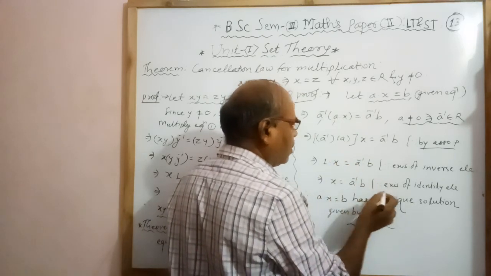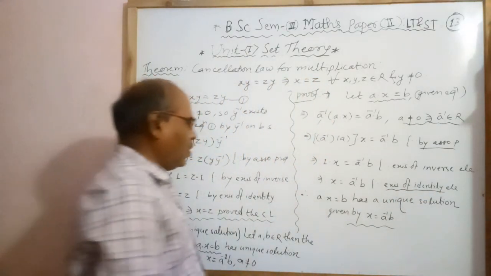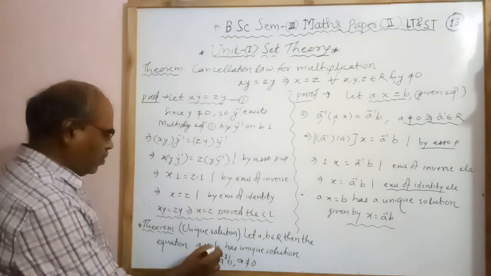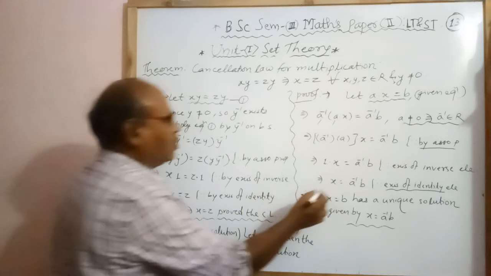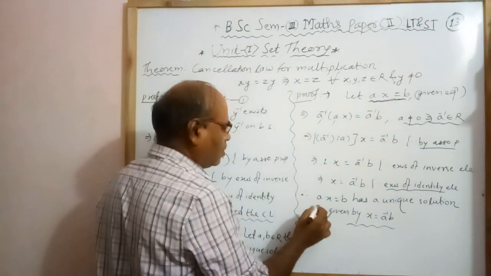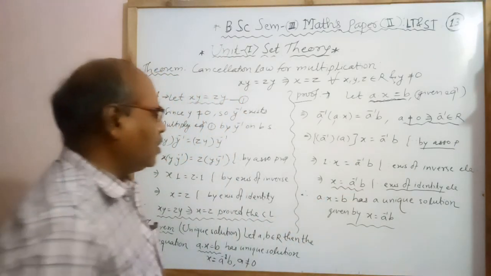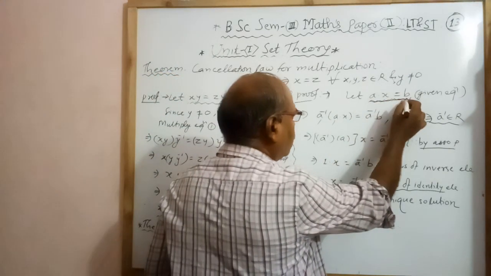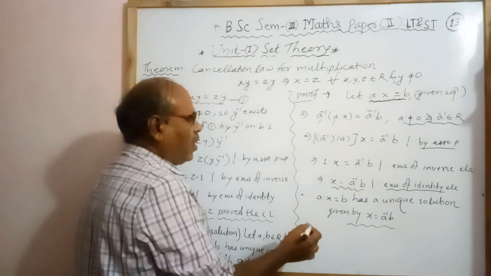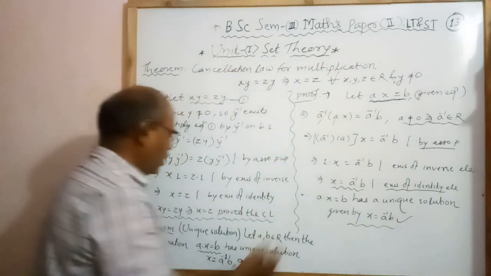Therefore, x equal to A inverse B. Therefore, we start with the equation Ax equal to B and we arrive at x equal to A inverse B. Therefore, we say that the equation Ax equal to B has a unique solution given by x equal to A inverse B, which proves the theorem.